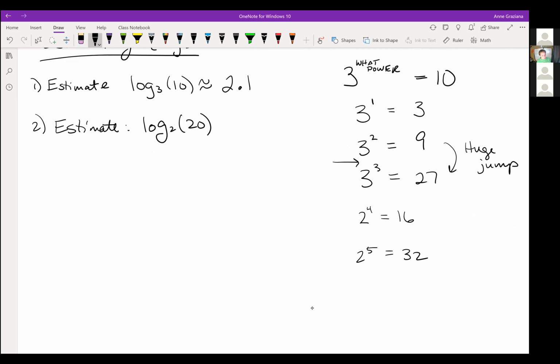Is it in the middle? Cornelius, is 20 going to be right in the middle of 16 and 32? It's closer to 16. So I would say about 4.2. You guys see that?